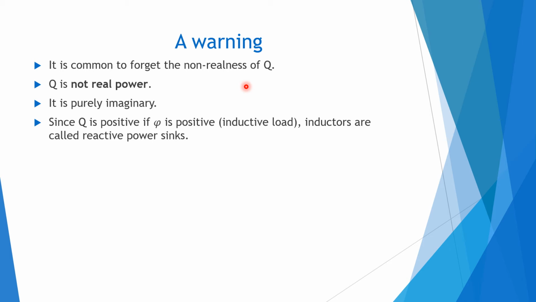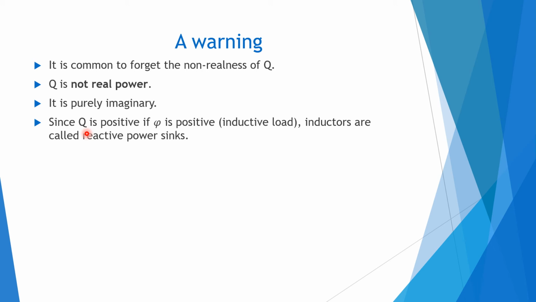It absorbs reactive power, is what some people say. The reason is that an inductor creates an impedance of j omega L, and hence its voltage phasor is leading its current phasor. So sin phi is almost 1, phi is positive there, and hence the Q for an inductor is positive.